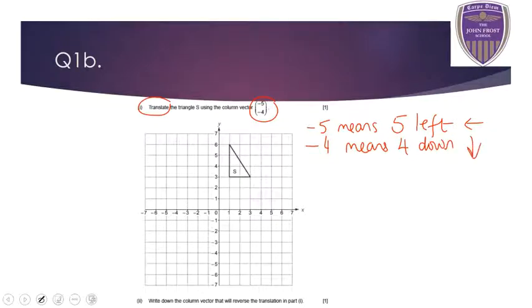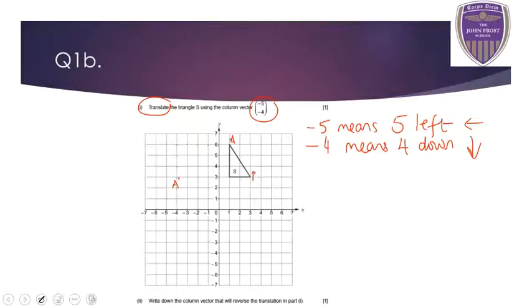So if we start with this top point A, I'm going to count 5 to the left, 1, 2, 3, 4, 5, 4 down, 1, 2, 3, 4. That's my point A dashed.